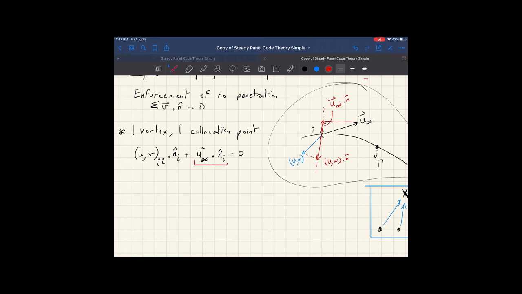So this here is the free stream component, and this here is the vortex component.